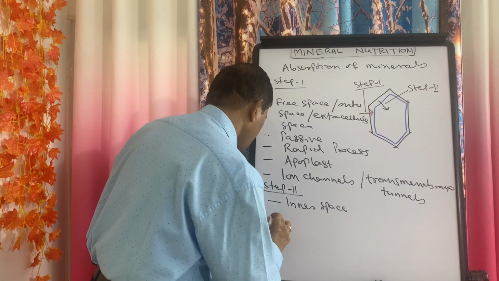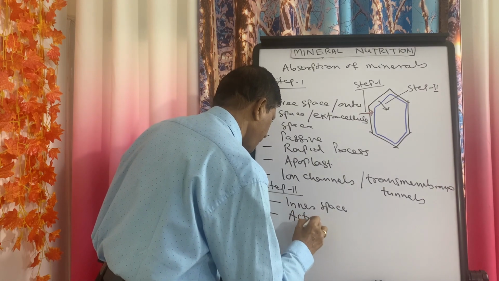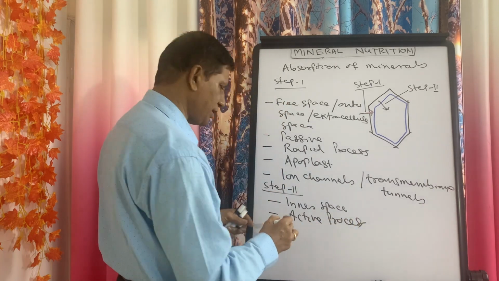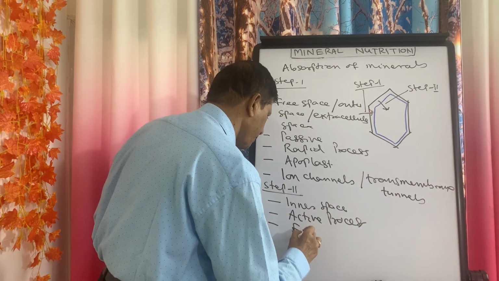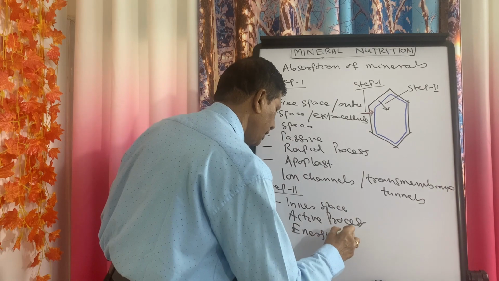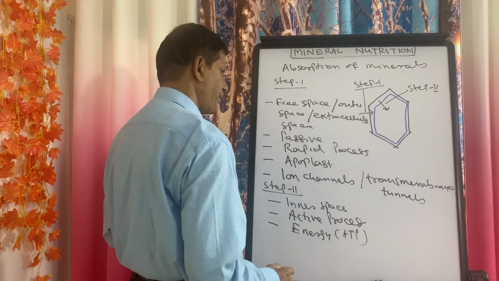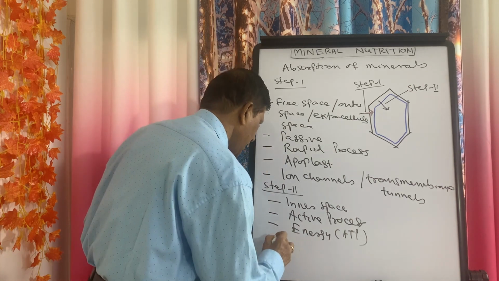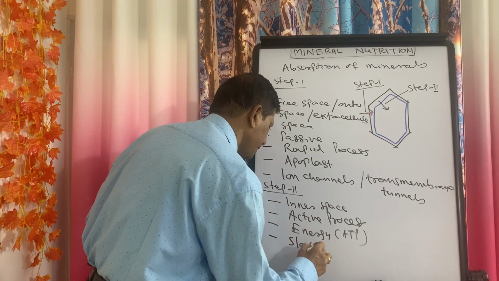Then this is an active process, and since it is an active process, it requires energy in the form of ATP. While step 1 is a rapid process, this is a slow process.